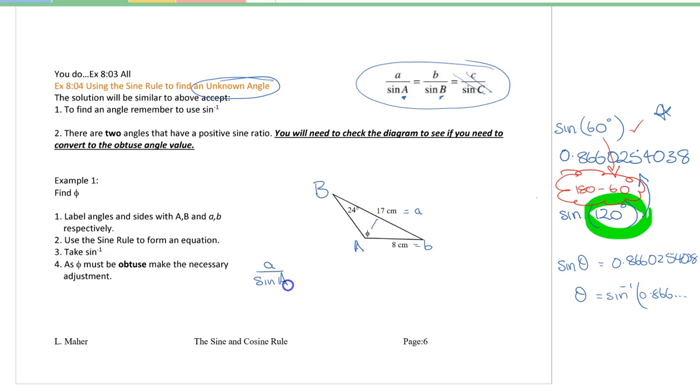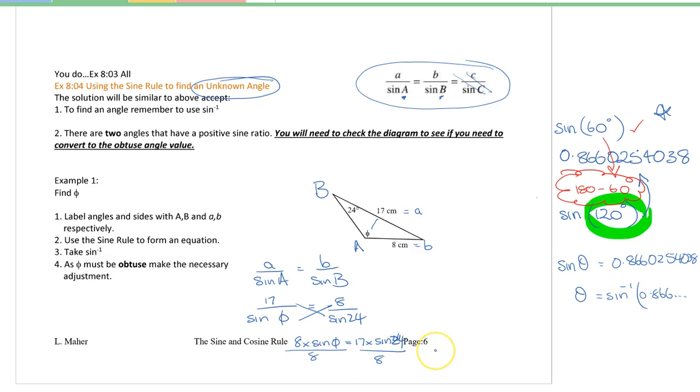A on sine A is B on sine B. We substitute in 17 on sine unknown angle is 8 on sine 24. We're finding the unknown angle, we cross multiply. 8 times sine unknown angle is 17 times sine 24. Divide both sides by 8.